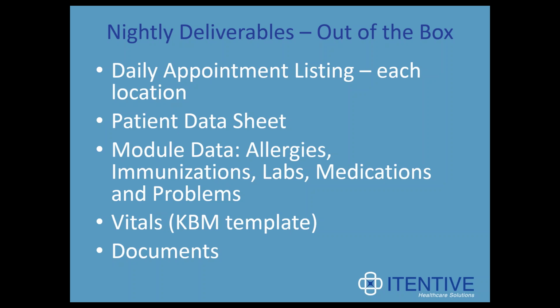We also pull in ICS content. So if there's critical ICS content that you need to have during a downtime situation, we can pull that into the chart too. So what you end up with is a real nice PDF that gives you enough history on the patient to be able to have a smooth visit when your EHR is unavailable.